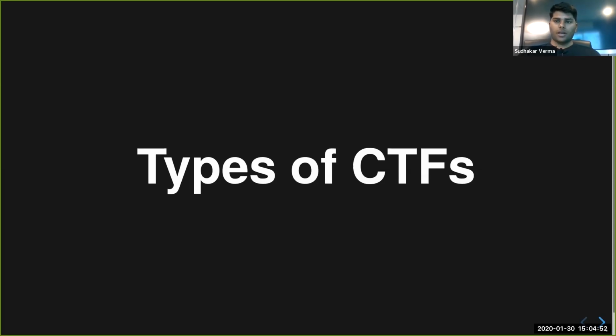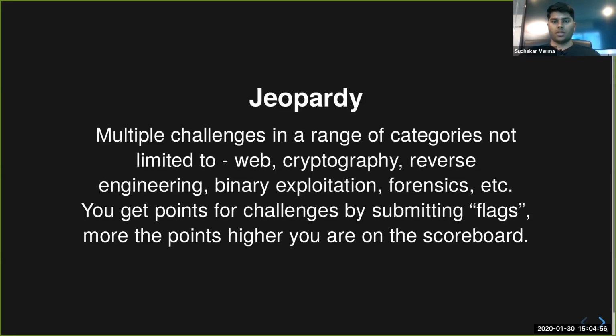There are multiple types of CTFs that are played worldwide. The most popular is Jeopardy. In a Jeopardy style CTF, there are multiple different challenges in different categories ranging across various difficulty levels. These categories could be web exploitation, cryptography, reverse engineering, binary exploitation, forensics, steganography, and whatnot.